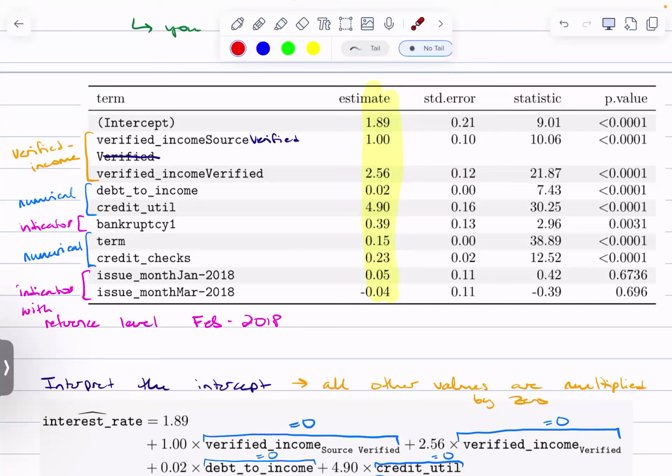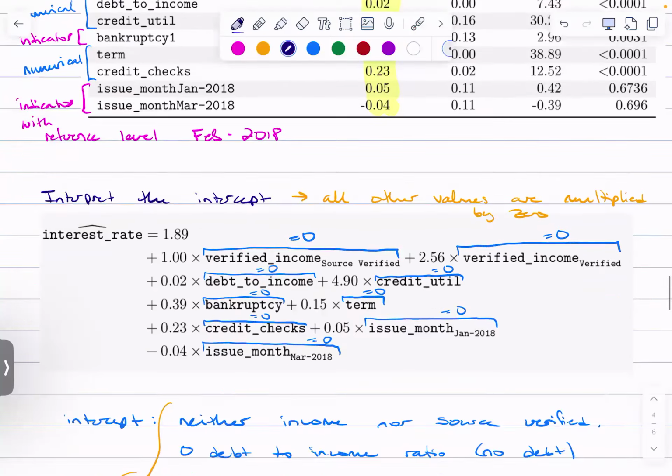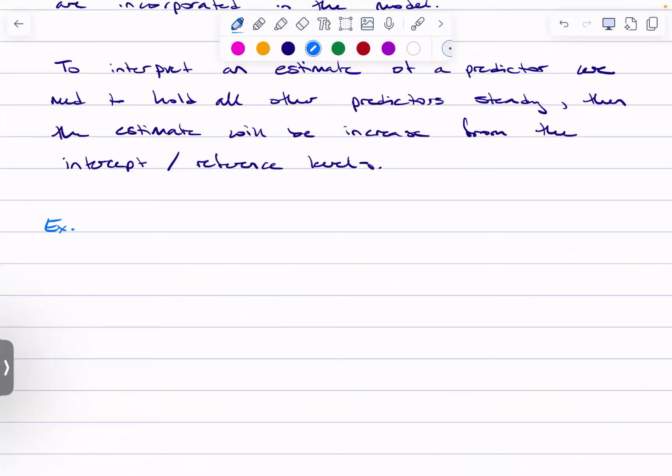So if we have the credit checks, 0.23, interpret the estimate for the credit checks variable or predictor.